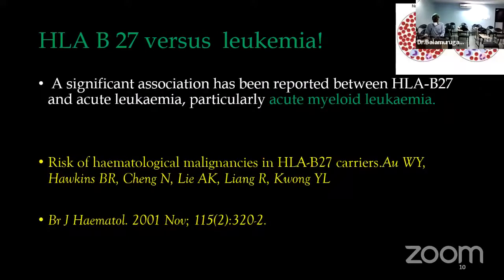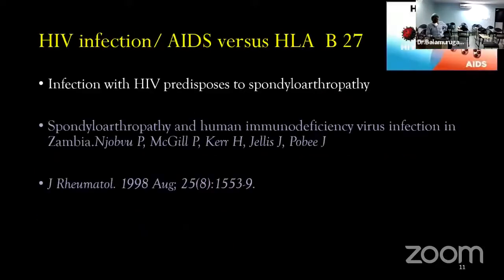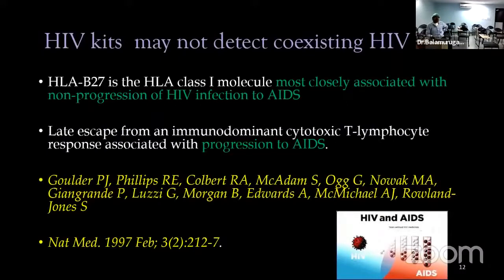HLA B27 has a close tendency to be associated with AML as well, and even the carriers are associated with it. So in that scenario, your immunosuppressants can be detrimental as well. Most importantly, HIV infection and AIDS are also associated with HLA B27, because infection with HIV predisposes to spondyloarthropathy.